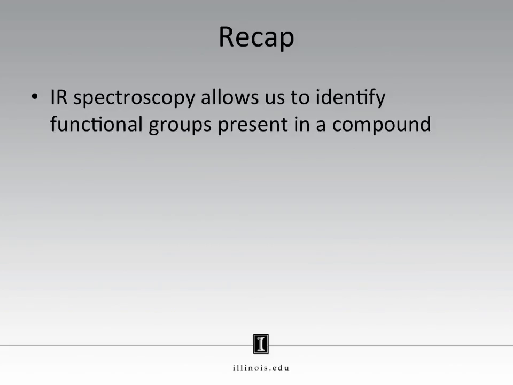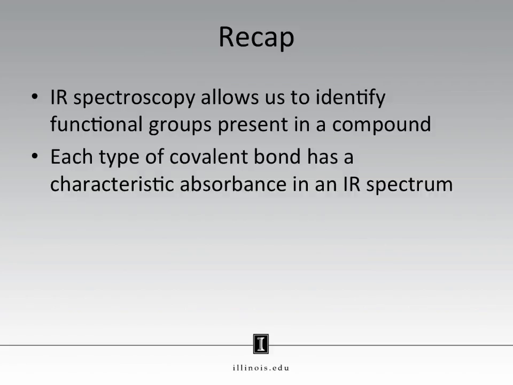To recap, infrared spectroscopy allows us to identify functional groups present in a compound. The reason we can use infrared spectroscopy to do this is because each type of covalent bond in a molecule absorbs a particular wave number of light, and we can see that wave number by what is absorbed in an infrared spectrum.